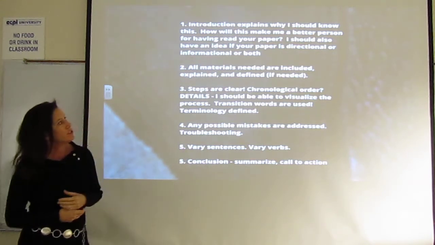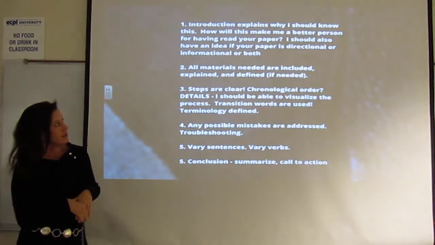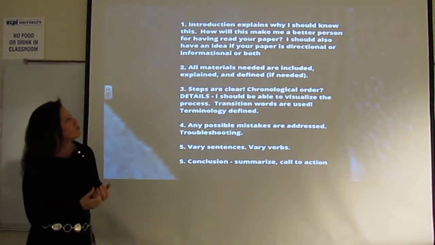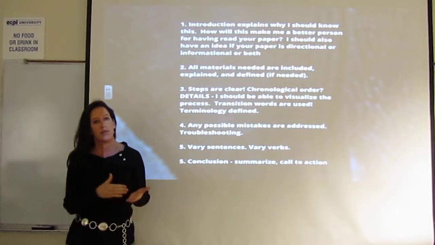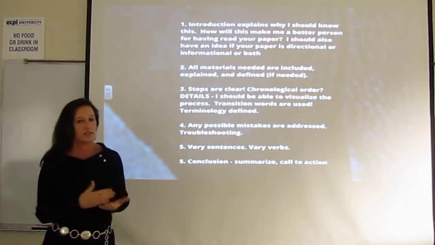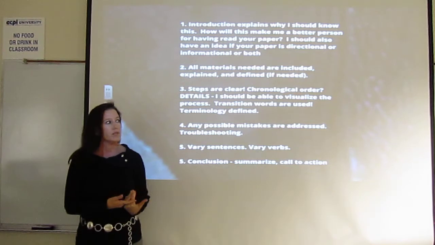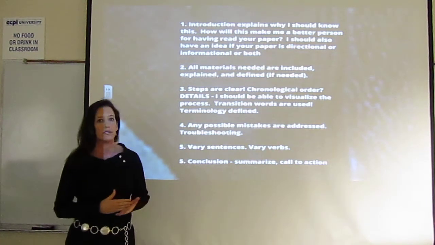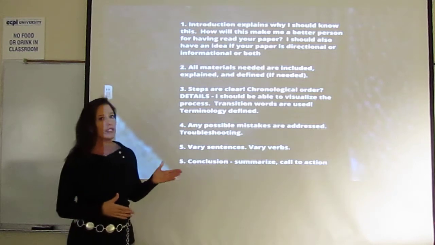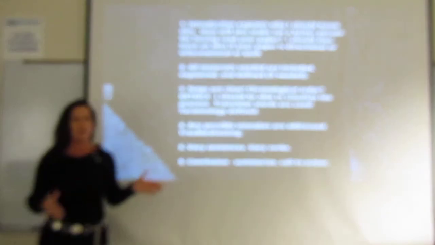Consider the materials that your reader will need. Always consider your audience. So what materials are going to be needed? You might have to define and explain some of them further. I'm your audience, your peers are your audience. What do you think I know? If you're giving me directions on how to change the oil in my car, well, guess what? I know very little about cars.